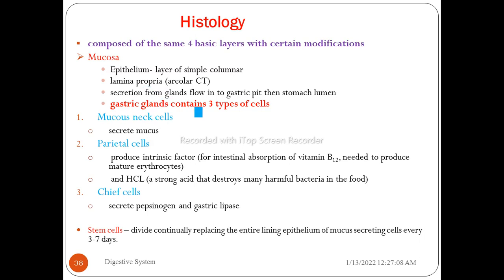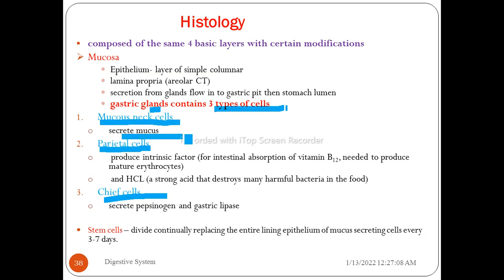The gastric glands contain 3 types of cells. So in the mucosa, the gastric glands contain 3 types of cells. The first are mucous neck cells, the second are parietal cells, the third are chief cells. Mucous neck cells secrete mucus.